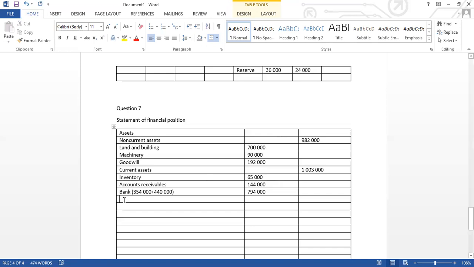So our total assets will be how much? 1,985,000. And then we move on to equity plus liabilities.